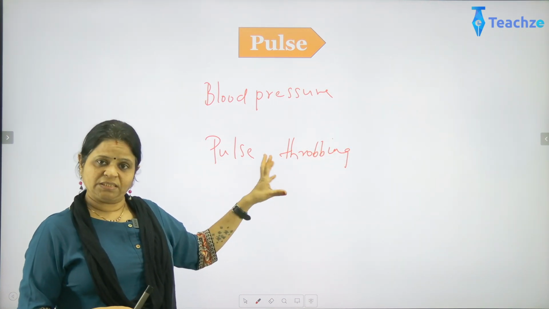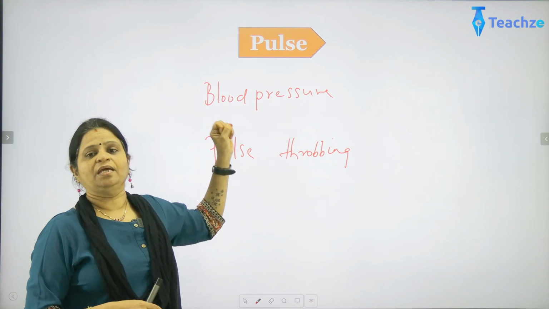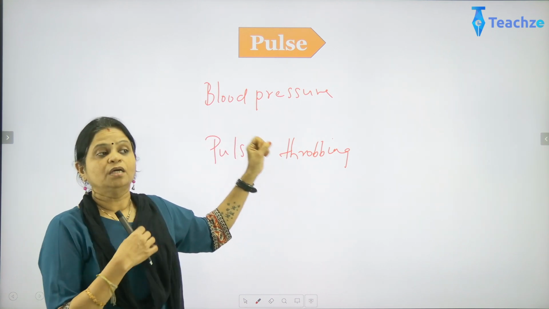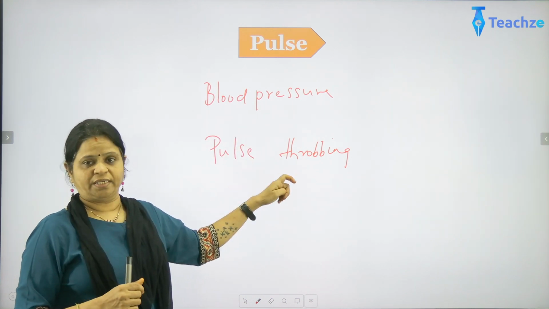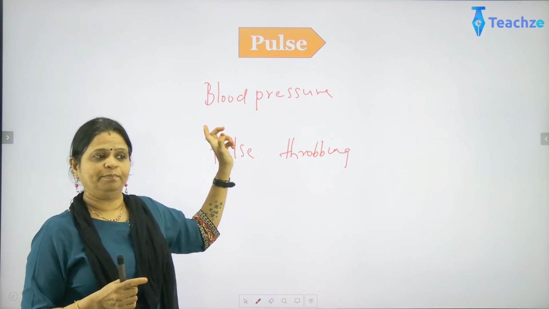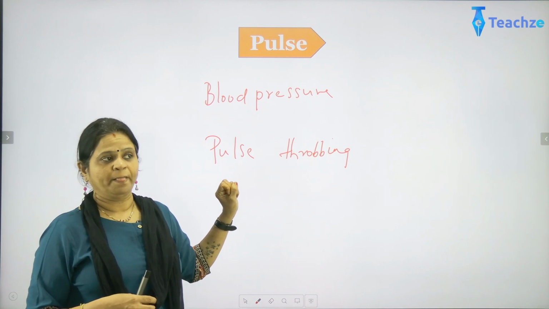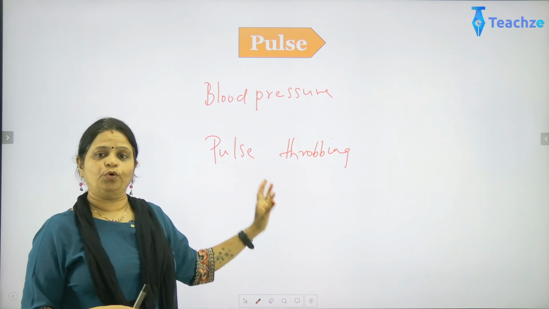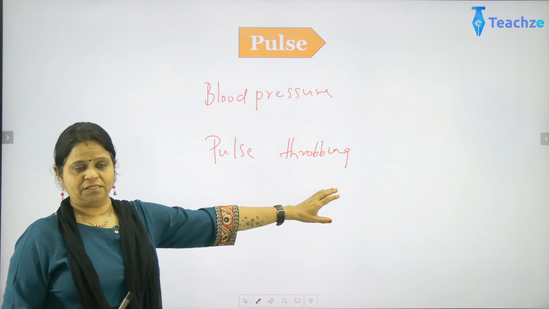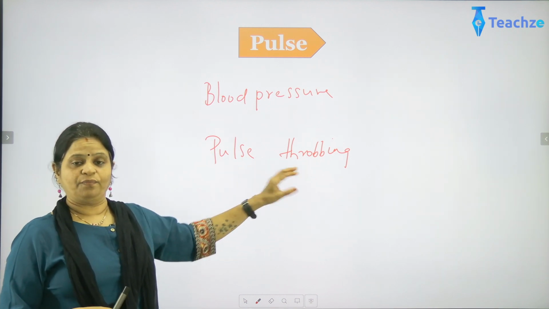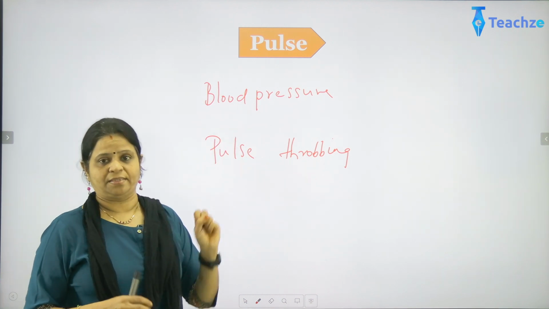Now that intermittent flow, as the heart contracts and relaxes, the flow of blood into the arteries also happens at the same point where the heart is contracting and relaxing. So the pulse will be the flow of blood in those blood vessels, that is arteries, when the heart is contracting and relaxing.